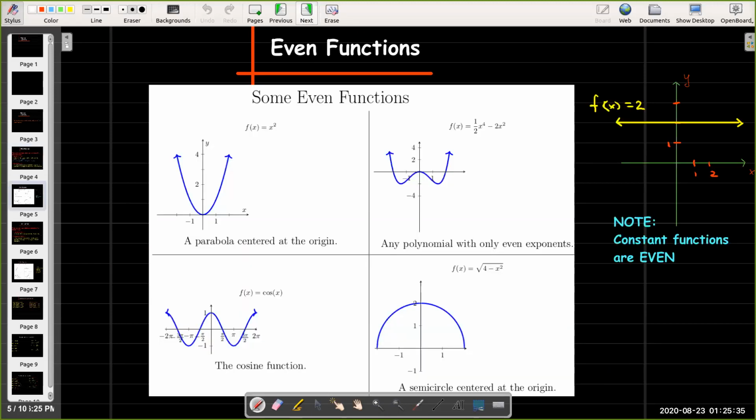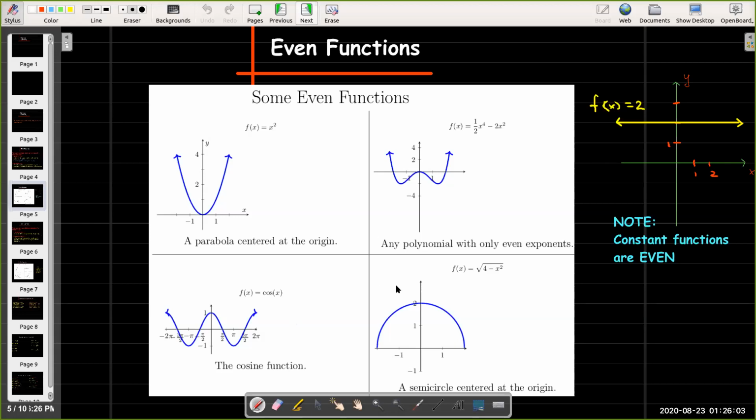Here are some examples, and we can see why they're called even functions. Because if I have any polynomial that only has even exponents, it will be an even function. Among the trig functions, cosine is an even function.